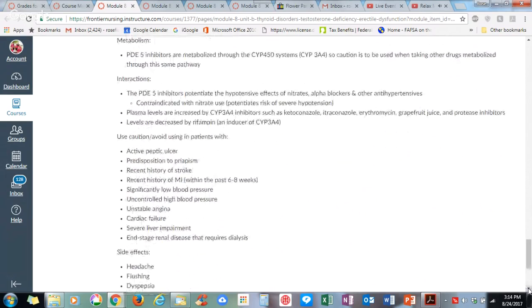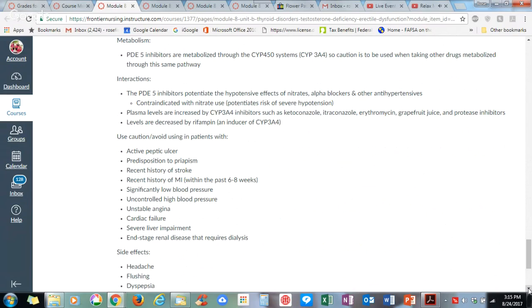Metabolism: PDE5 inhibitors are metabolized through the CYP450 system, CYP3A4, so caution is to be used when taking other drugs metabolized through the same pathway. Interactions: the PDE5 inhibitors potentiate the hypotensive effects of nitrates, alpha blockers, and other antihypertensives.